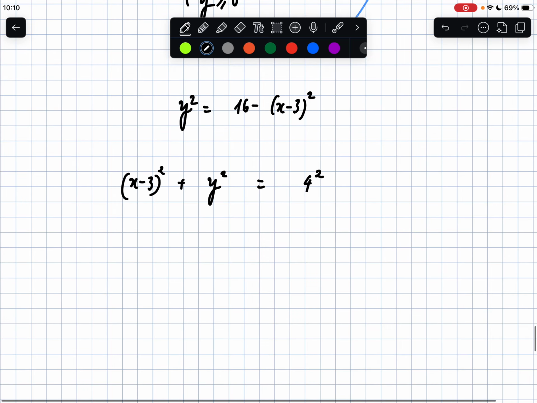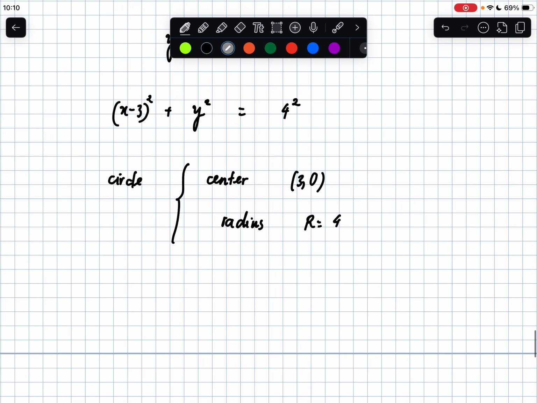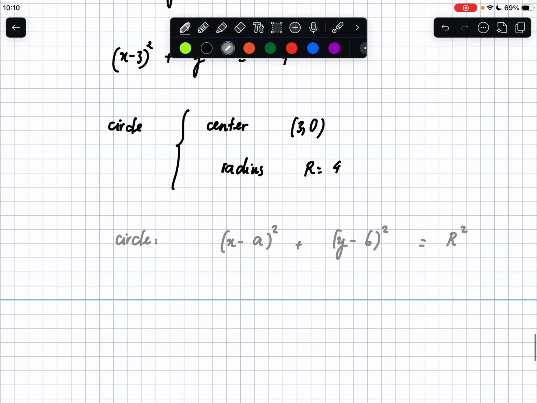This is a circle. The center of the circle is (3, 0) and the radius r equals 4. In general, a circle has the equation (x minus a) squared plus (y minus b) squared equals r squared, with center (a, b) and radius r.